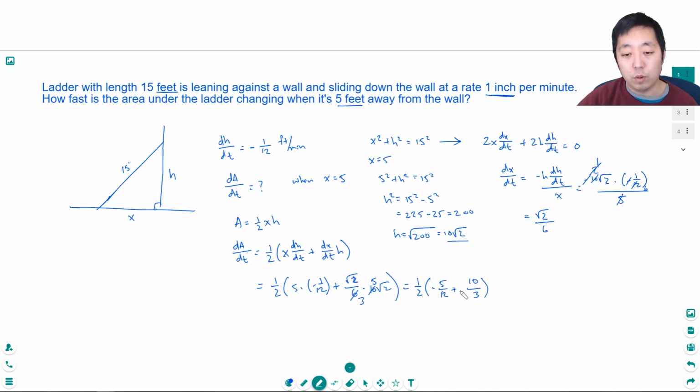Times 4 would be 40 over 12. 40 minus 5 is 35, so that's 1/2 times 35 over 12, which is equal to 35 over 24. And the units of this are feet squared per minute. Okay?